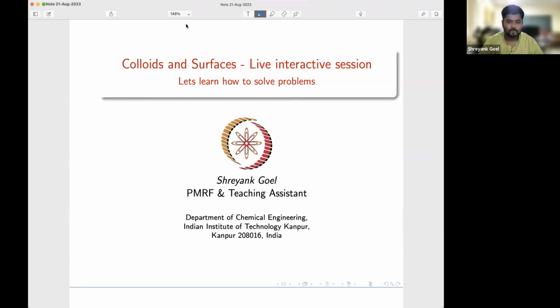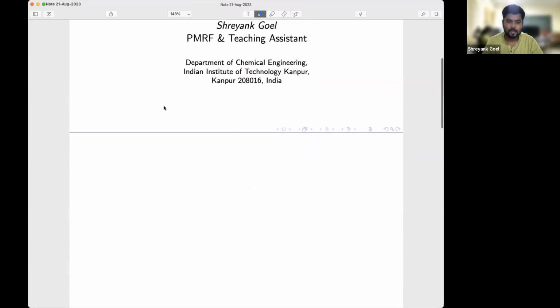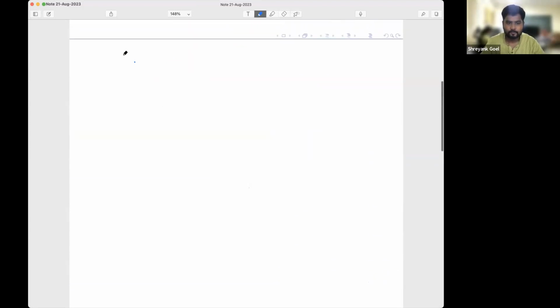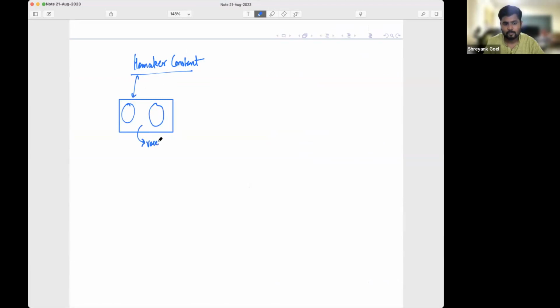So the week 4 module started with the Hamaker constant, for like particles. Let's say we have two particles in a vacuum, then these are the two particles, and the Hamaker constant is this.